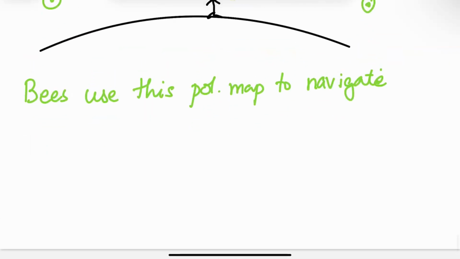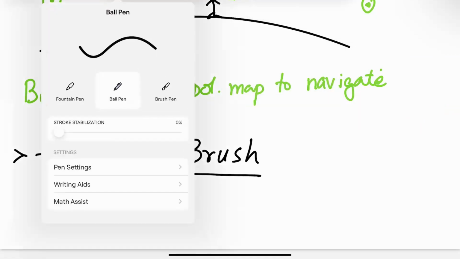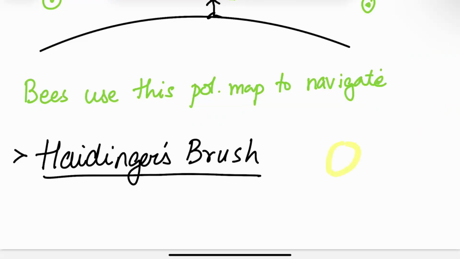One more interesting topic on polarization. It's called Haidinger's brush. Did you know that your own eyes can also see polarization with the naked eye? You don't need a polarizer. That's called Haidinger's brush. It looks something like this, kind of a dumbbell shape.